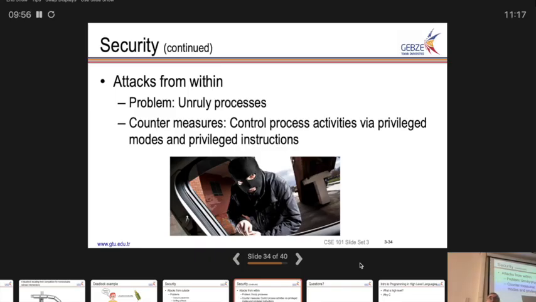Those instructions are dangerous because you can jump to arbitrary spaces in the memory. Those can only be done by special register changes and playing with the timers, and can only be executed if you are in kernel mode. And the kernel mode and user mode can be differentiated by the hardware.